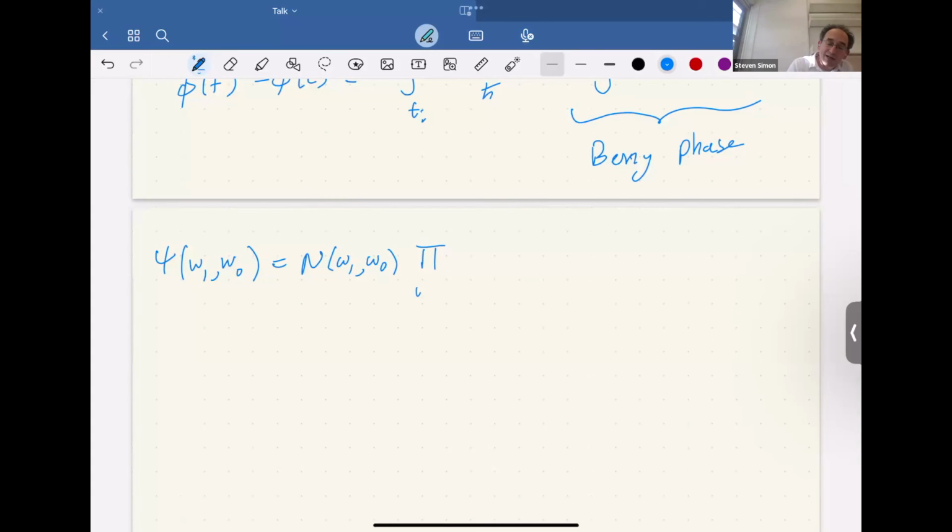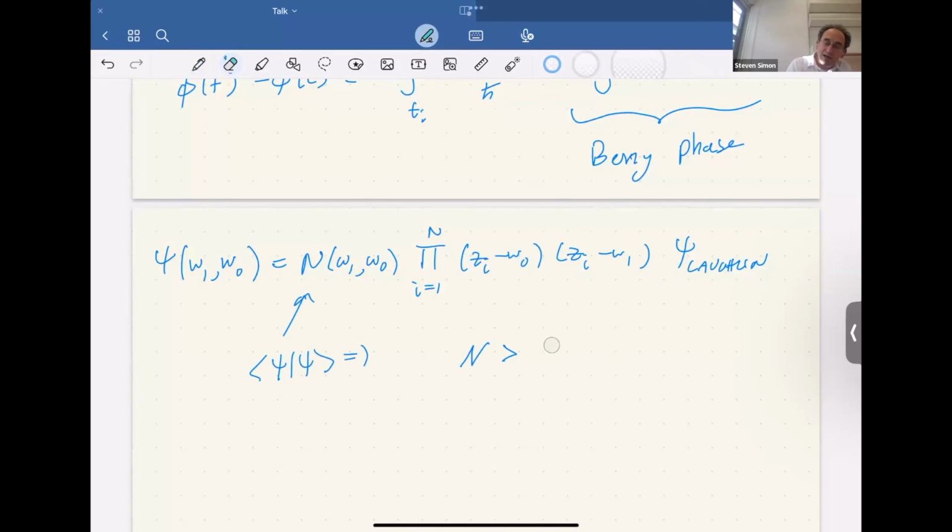Then it's the product from i equals 1 to n of (z_i minus W0)(z_i minus W1), and then psi Laughlin over here. And we're choosing N such that psi is normalized, and we can also choose that N is greater than 0, real everywhere.